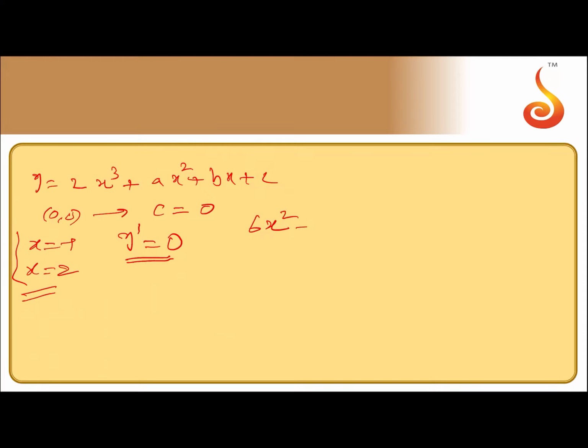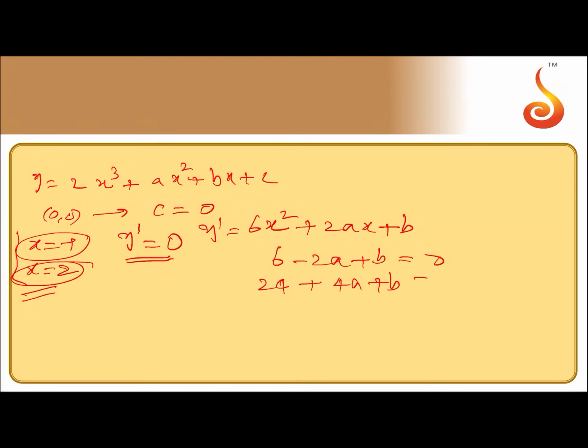It means 6x square plus 2ax plus b, this is the y dash value. And when x equals to minus 1, this will be 0. You'll be getting 6 minus 2a plus b is equals to 0. And when x is equals to 2 also, this will be 0. 4 3s are 24 plus 4a plus b is equals to 0.